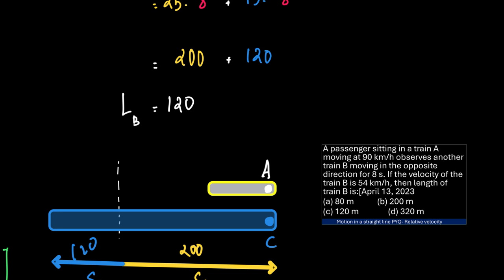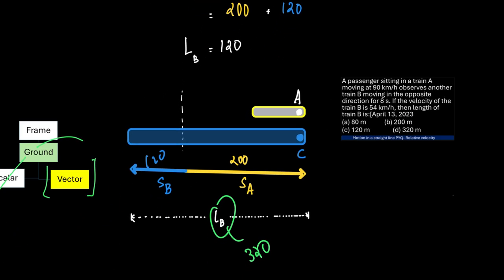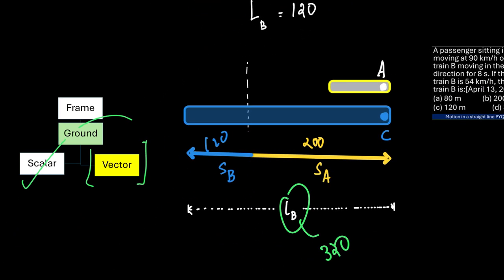I think I made a couple of wrong references here and there, but that's the whole idea. I hope you are able to make sense out of this. This is done with respect to the scalar method, using ground as the frame of reference. Now let's try to do the same with respect to the vector approach.